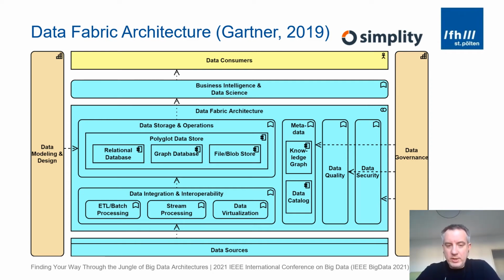The focus there shifted a bit away from a particular architecture or classic data storage paradigms like a data warehouse or data lake, rather to an overall infrastructure or platform where different storage technology was being used. You may have heard the term polyglot persistence, which is used here also in the diagram representing a polyglot data store.